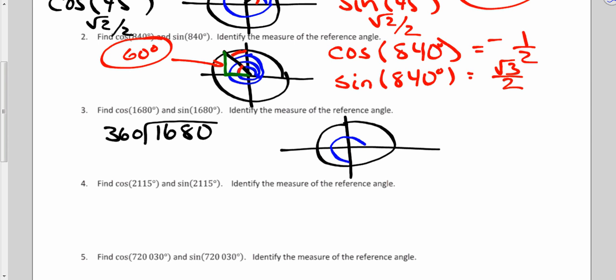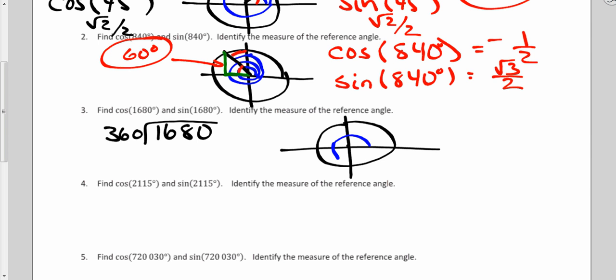That's too far. I have to go to 180 plus how much more? To get to 240, from 180 to 240 is how many more degrees? 60. So I go 60 degrees more.